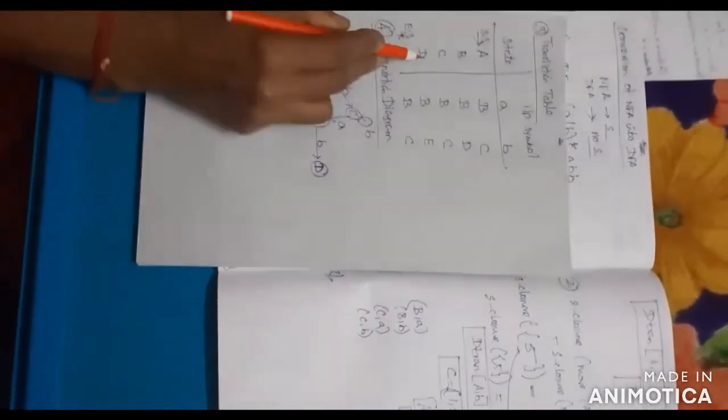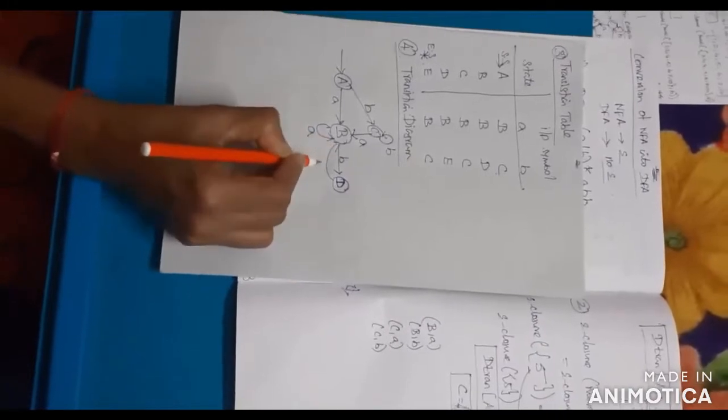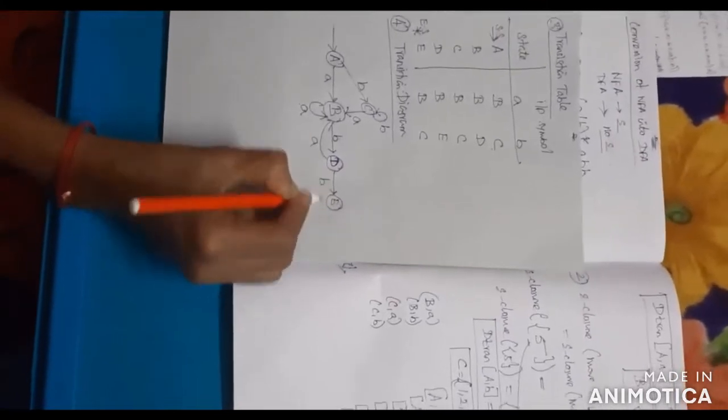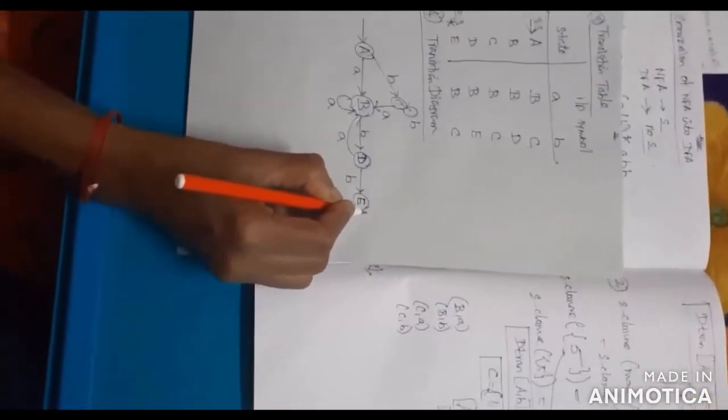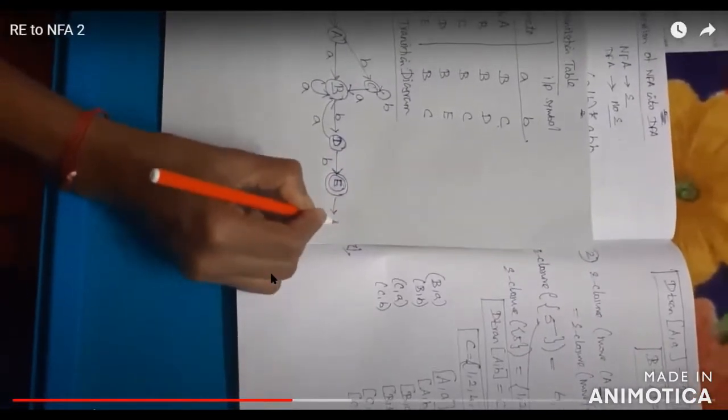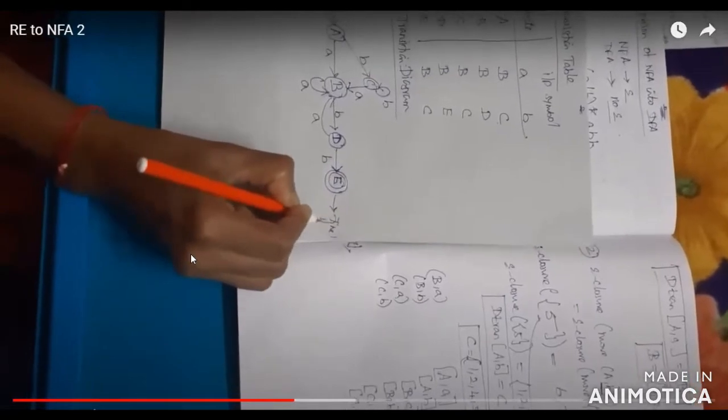Next check D. D comma A is B. Then D comma B is E. So what is E? E is the ending state. The ending state is indicated by a double circle, so the double circle indicates the final states.